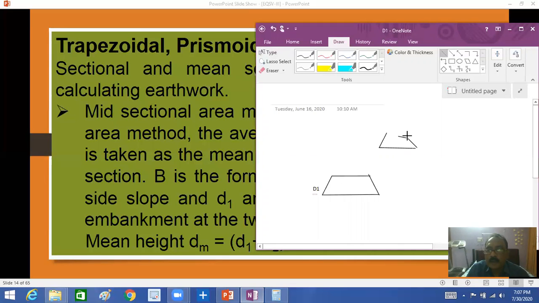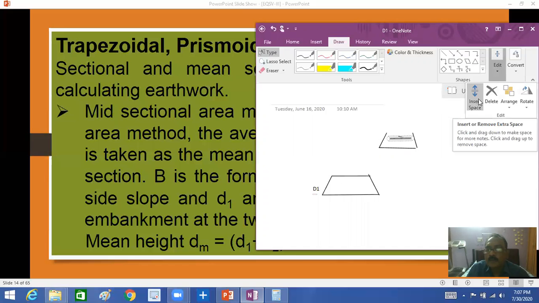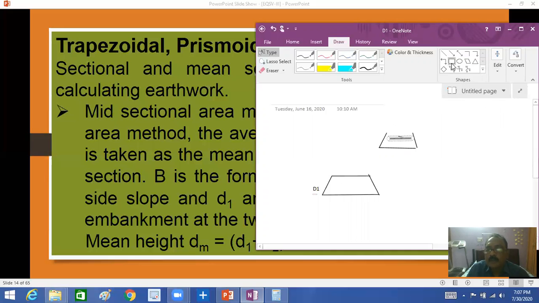See, if you have like this and connected like this, say suppose this is the line of a different trapezium.